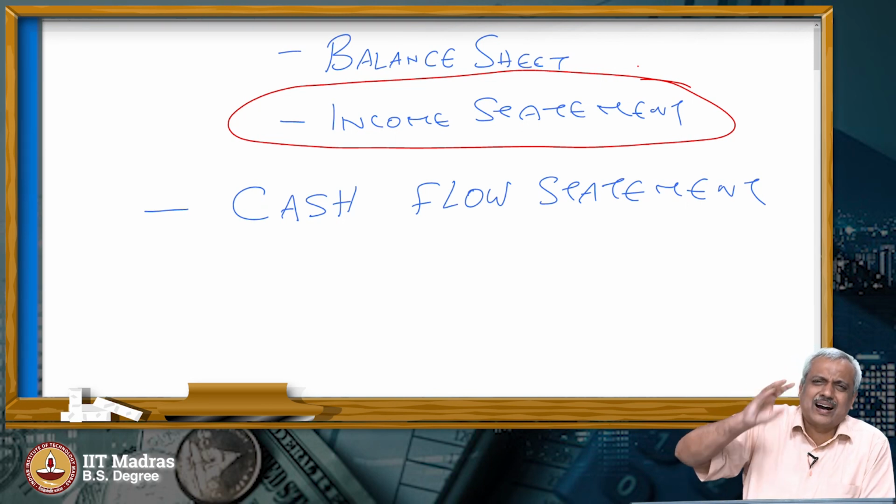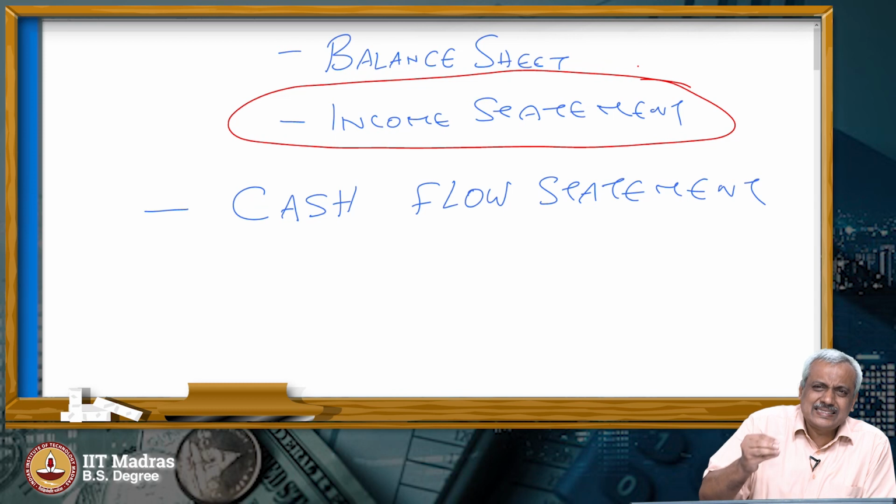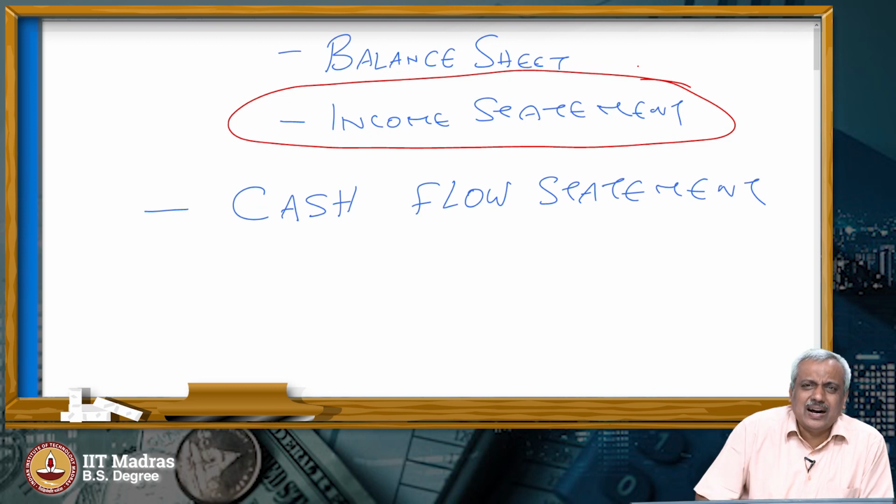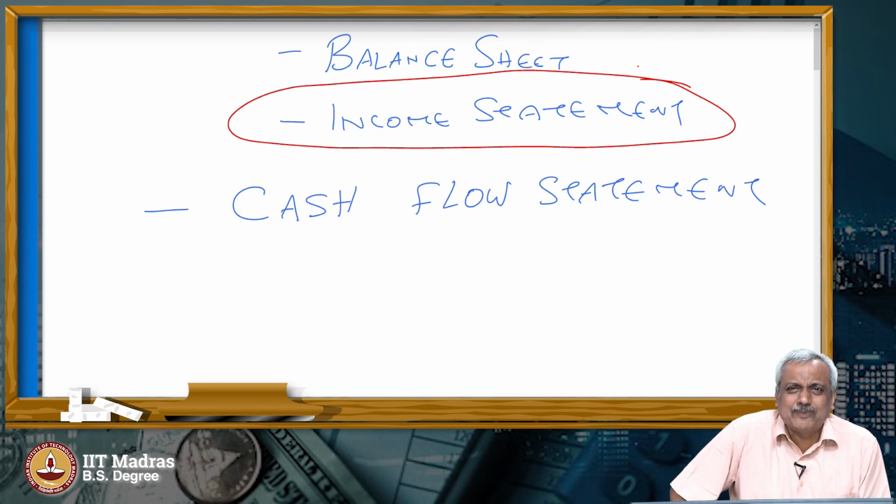The income statement will record revenues when ownership transfer occurs. Expenditure, again, when you have enjoyed the benefits, that particular amount has accrued as an expenditure.